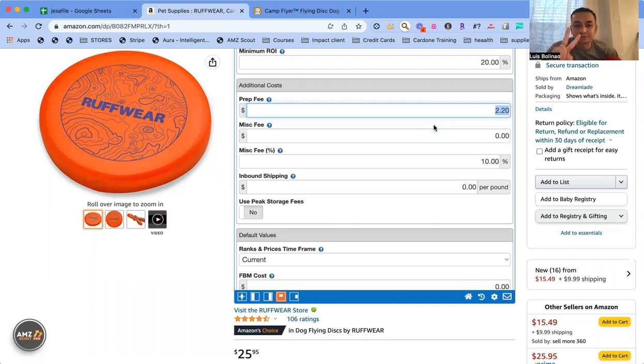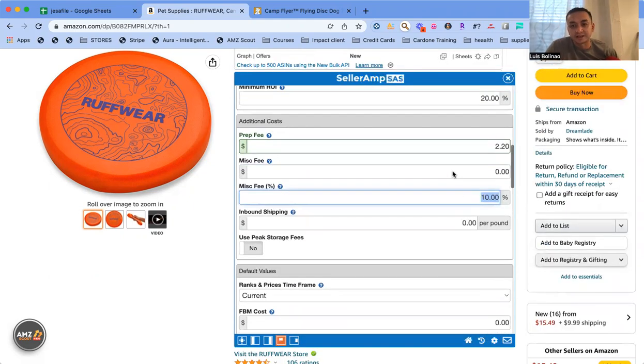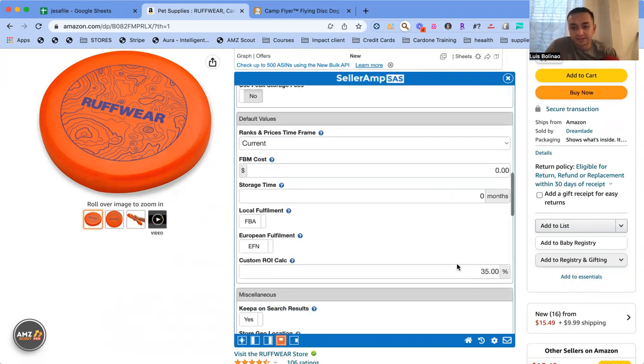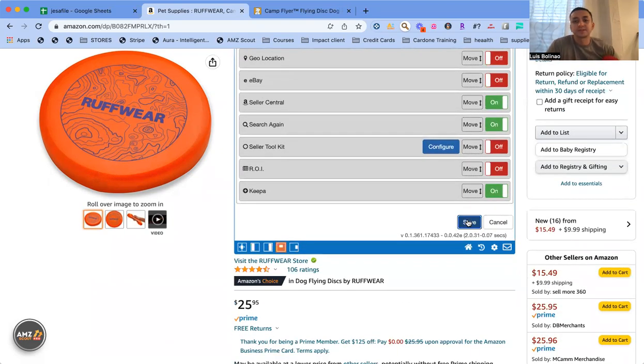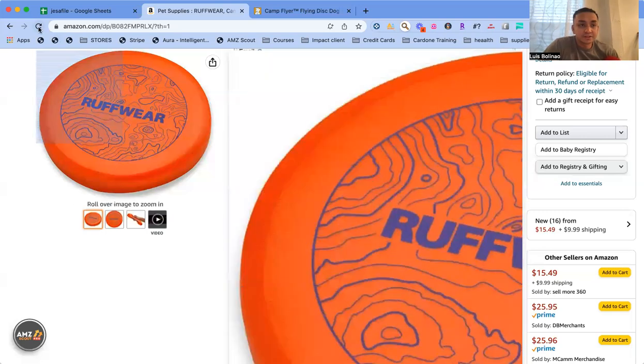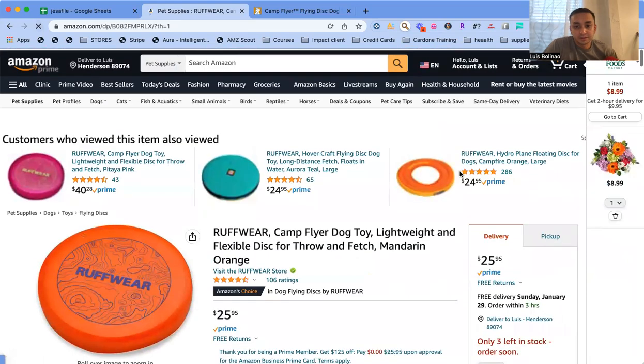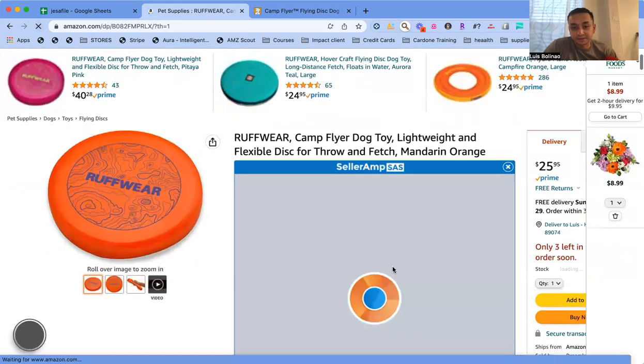So $2.20 here, and on your miscellaneous fees, put 10% because it's gonna cover your tax. We ship to Virginia and California, so just keep it generic. I'll just put 10%. From here, you click save at the bottom, and then refresh. Now you have this up and running.